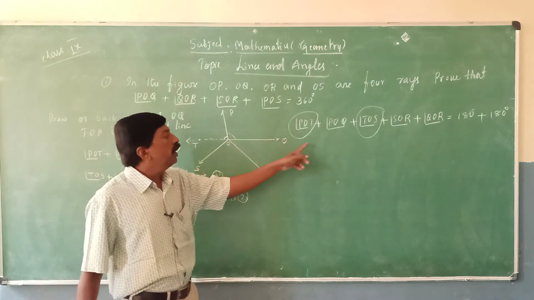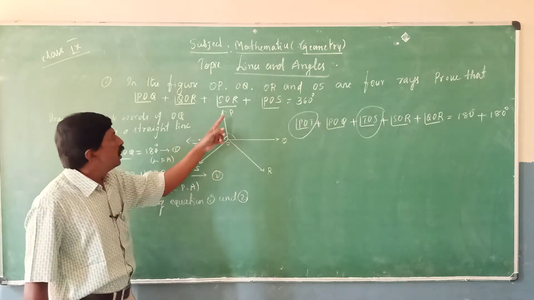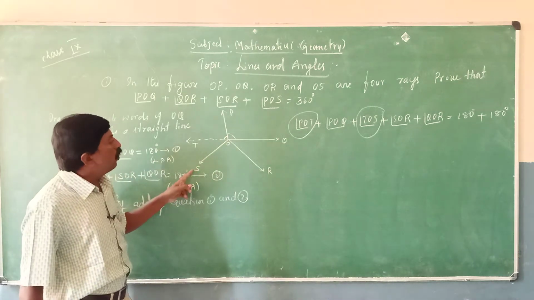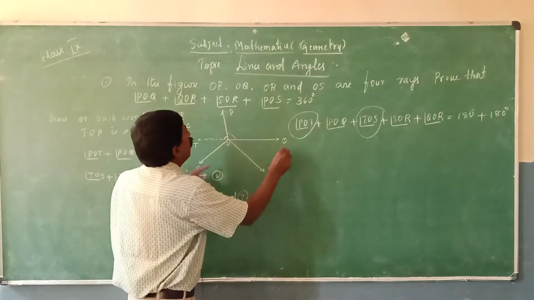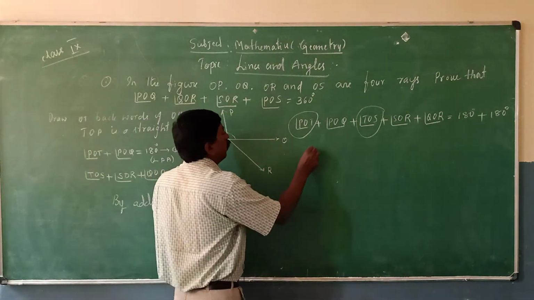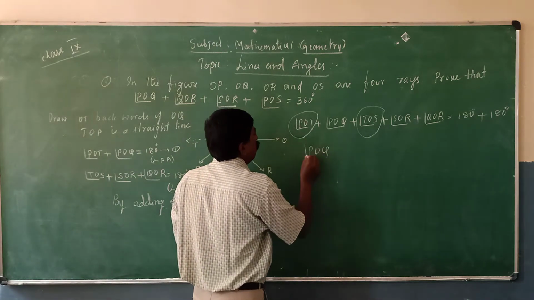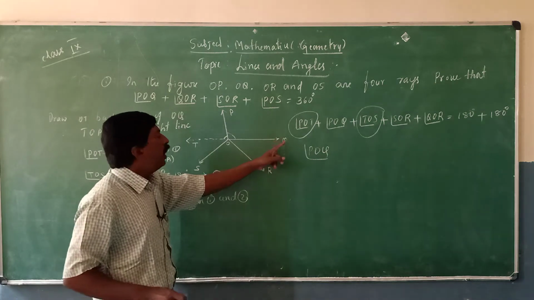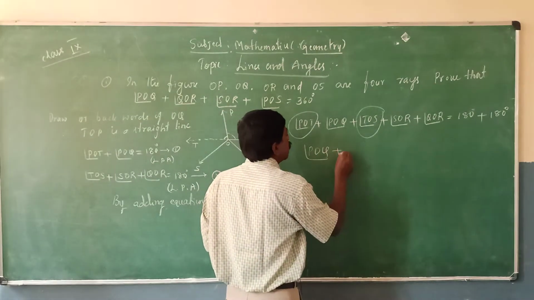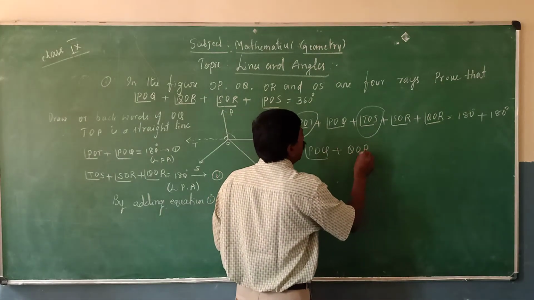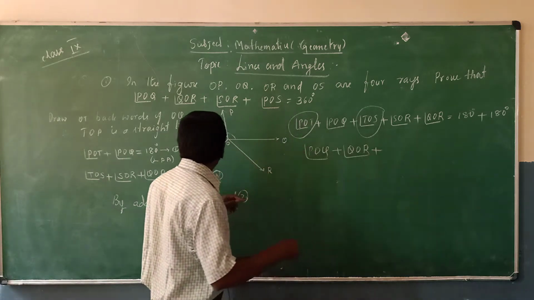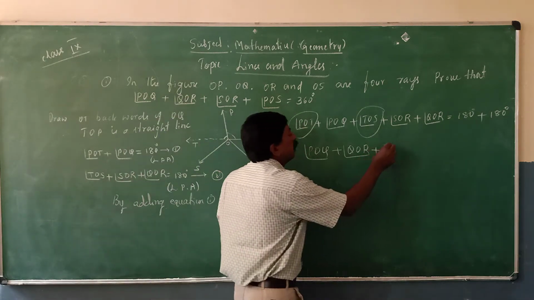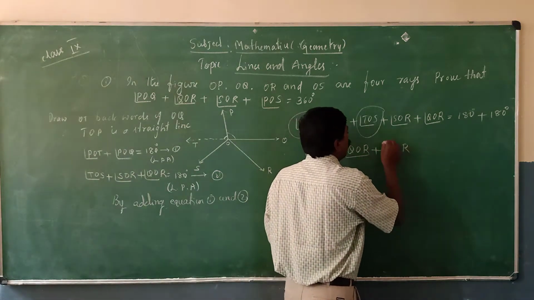Instead of POT plus TOS, we can write POS. Therefore, POQ you can write as it is, POQ and QOR plus SOR plus POS.